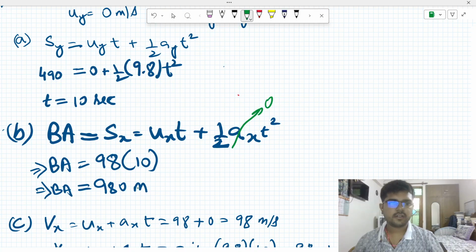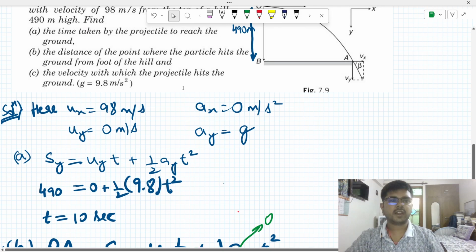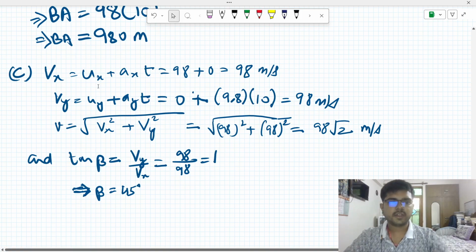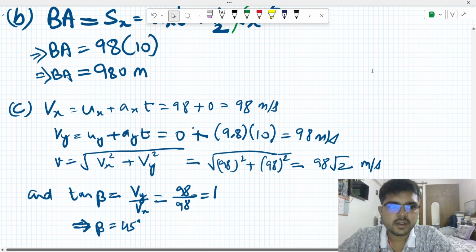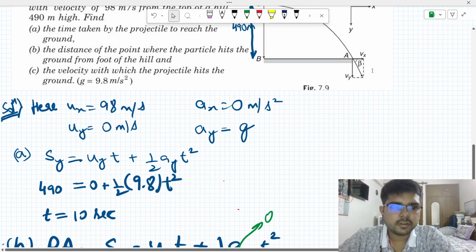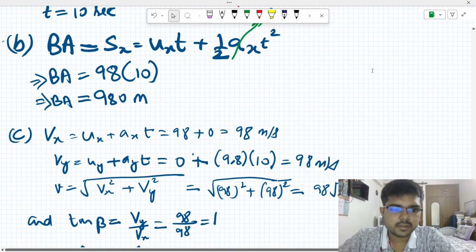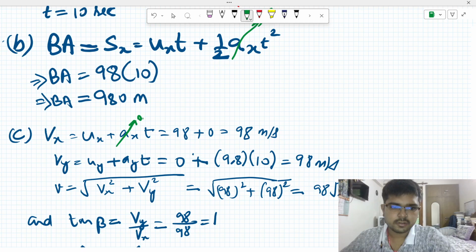Then we have to find, in the third part, the velocity with which the projectile hits the ground. So we have Vx is equal to ux plus axt, and we are given this ux value equal to 98 meter per second, and ax is 0.